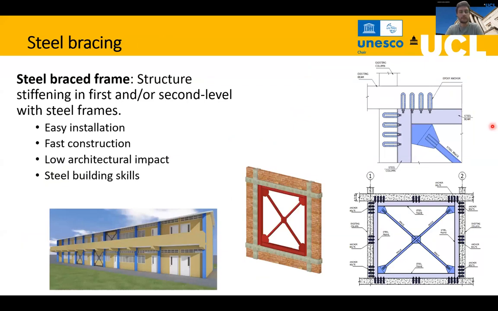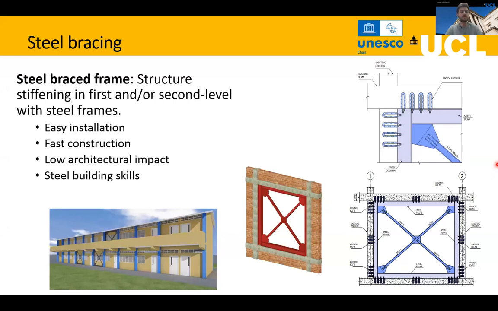Other possibility is to include steel bracing. These frames are relatively easy to install. You only need to weld all the frame and then install it directly. So it has a relatively fast construction, and the architectural impact is not that high because you can still maintain your windows and some openings over here behind the steel brace.